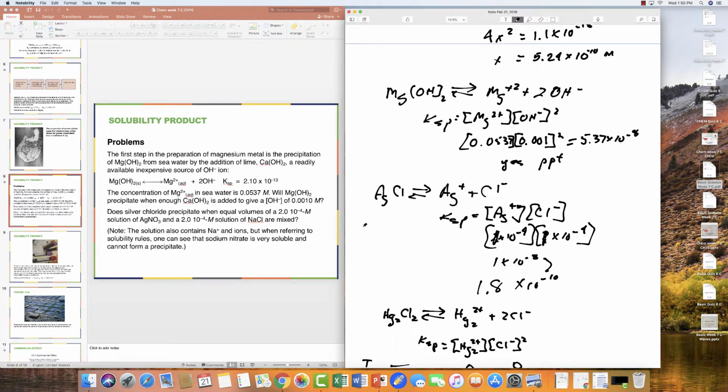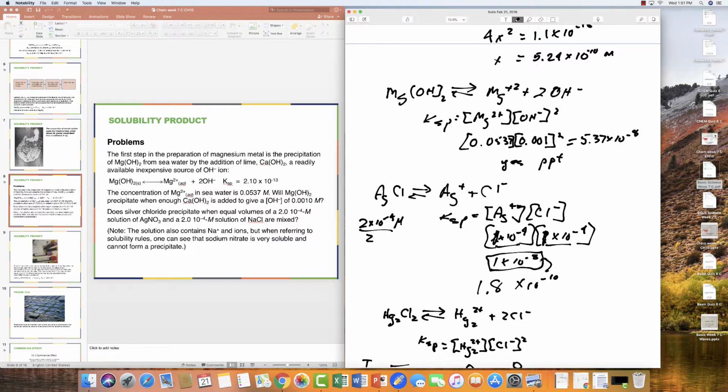Now it says that you have equal volumes of 2 times 10 to the minus 4 molar. Well, if you add equal volumes of that, then the volume of the silver ion will dilute the chloride, and the volume of the chloride ion will dilute the silver ion, each by 2. So that's why we have 1 times 10 to the minus 4 here.